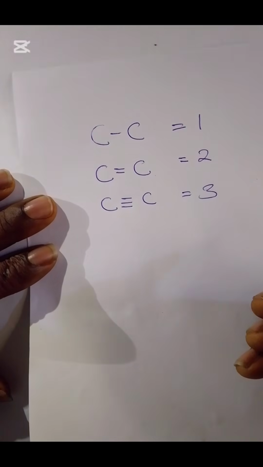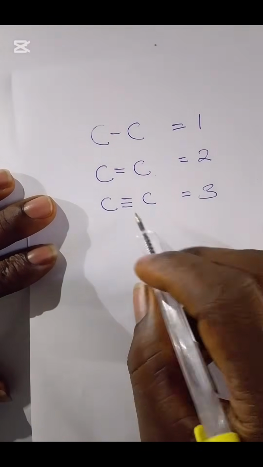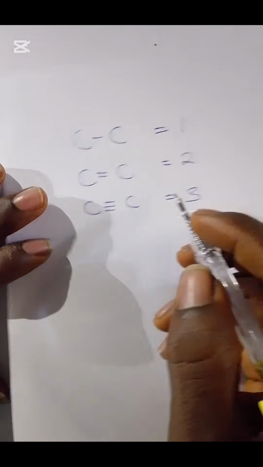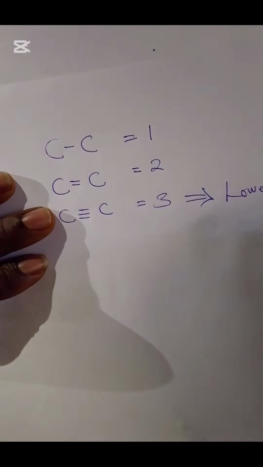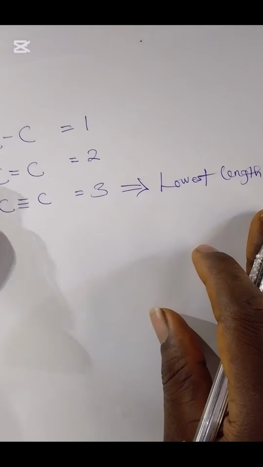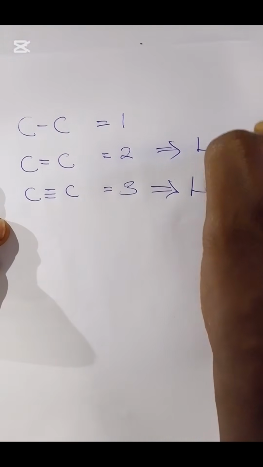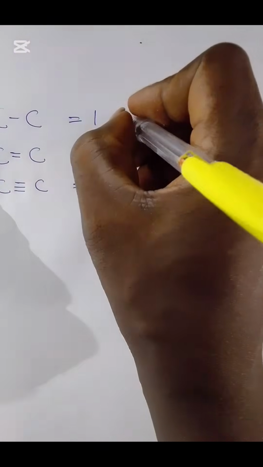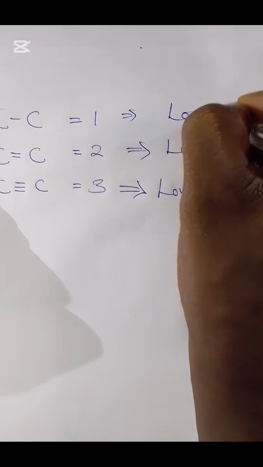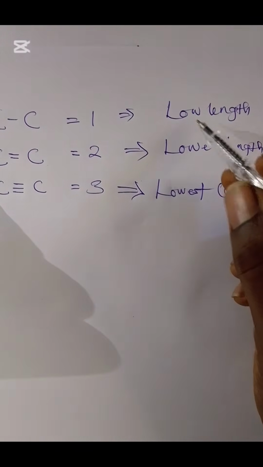So since we are having 1, 2, 3 over here, this will be the lowest bond length, and over here this will be the lower length, and over here this will be the low length. So we have the lowest, we have the lower, and we have the low.